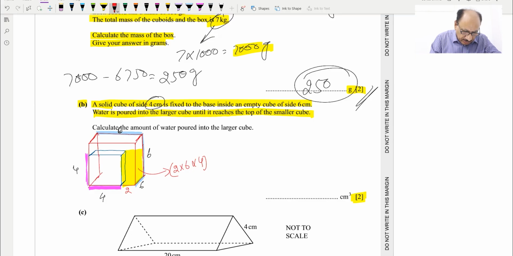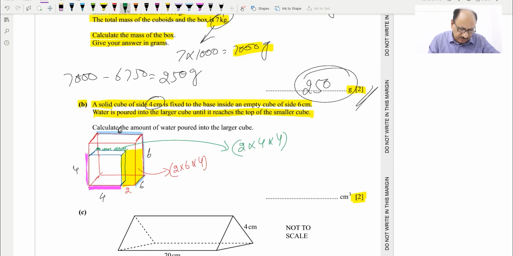And the back side, the additional side, if I draw it for you, measures 2 centimeter into 4 into 4.